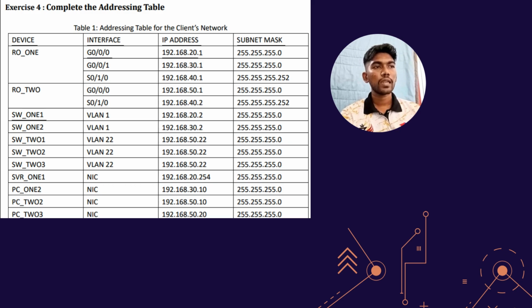We enable LLDP on routers and switches to make device discovery easier. This protocol is especially useful for documenting and troubleshooting networks because it automatically reveals connected devices. For example, using LLDP, we can view what switch a router is connected to and which interface it uses, which speeds up network mapping.